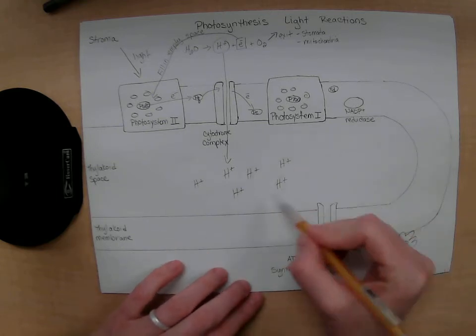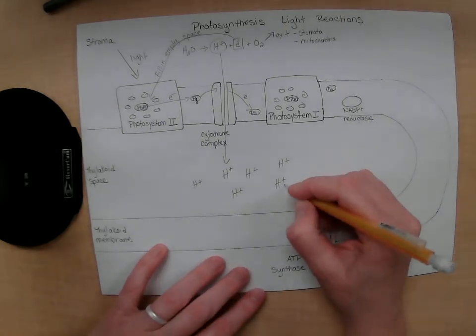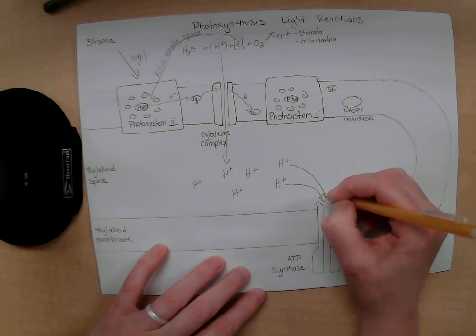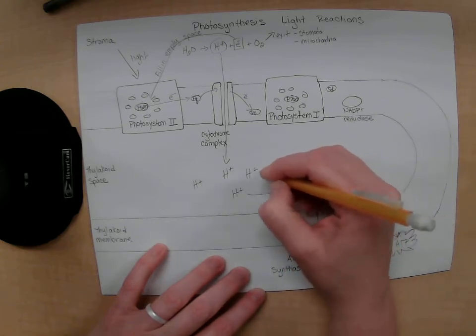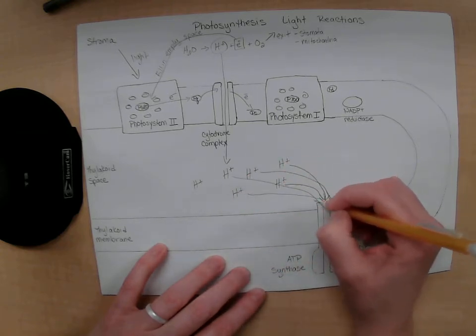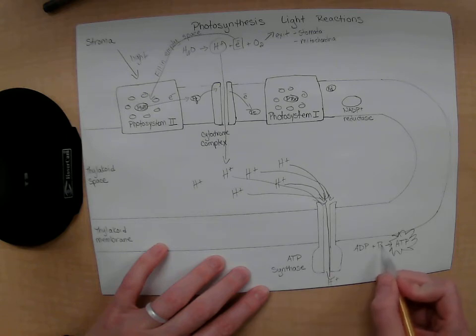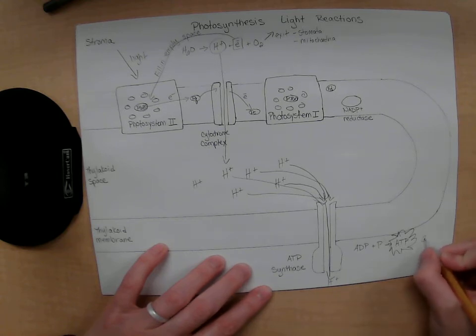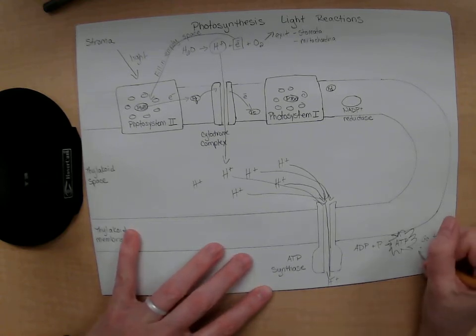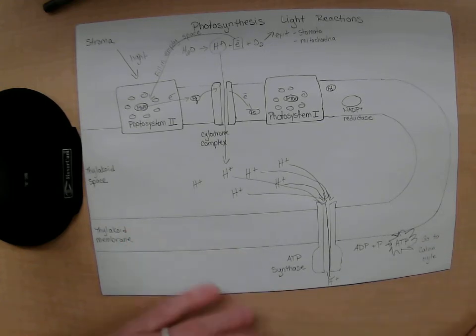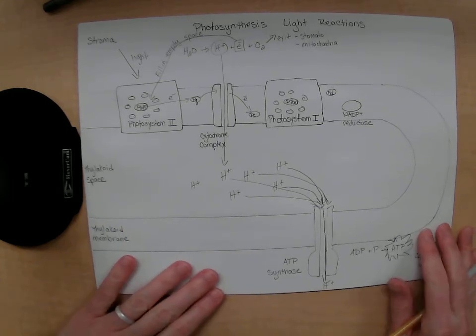And what happens is we have a concentration gradient. All these hydrogen ions start rushing through the ATP synthase, causing it to turn, and it adds the phosphate to the ADP to make ATP, and that ATP will go to the Calvin cycle for the second part of photosynthesis.